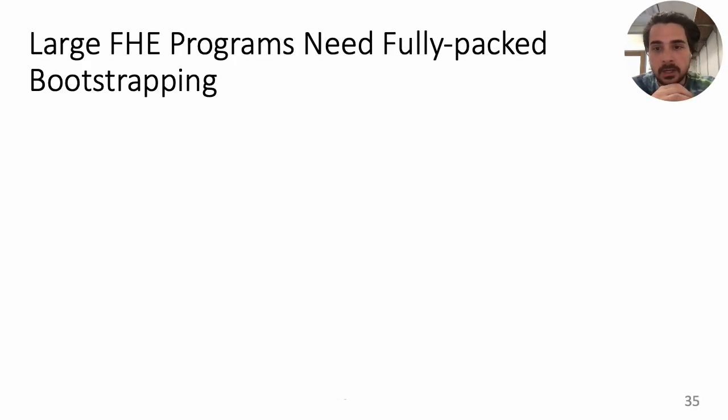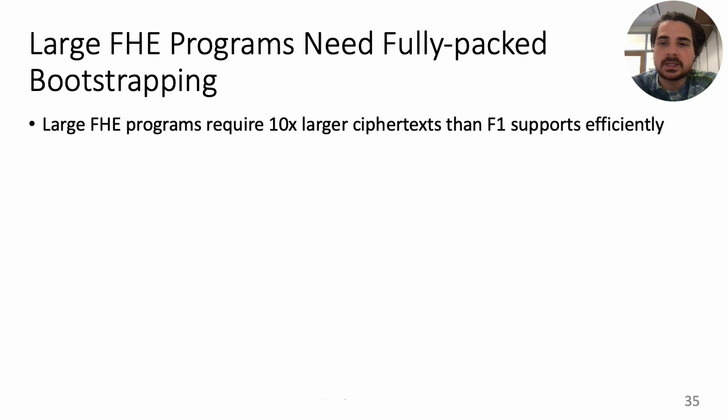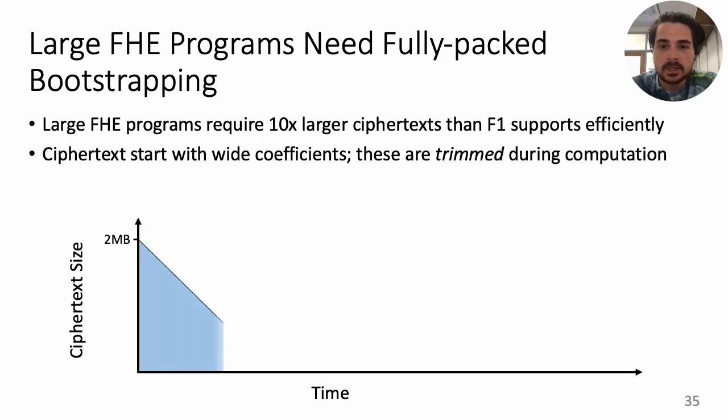To motivate Crater Lake, our second FHE accelerator, let's talk about challenges specific to large FHE programs. The bottom line is that large FHE programs require ciphertexts that are up to 10x larger than what F1 supports well. Let's see why. So as we mentioned, ciphertexts start out with large coefficient bit widths that are slowly narrowed during computation.